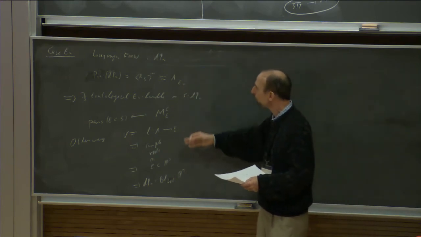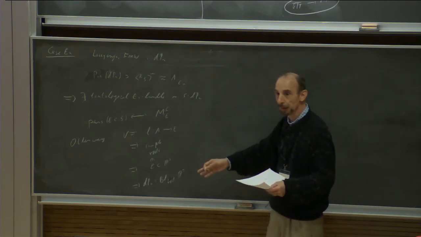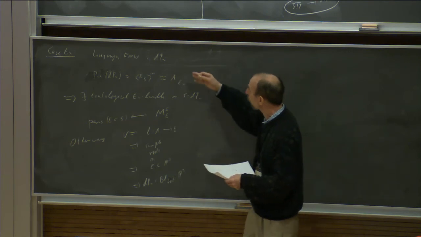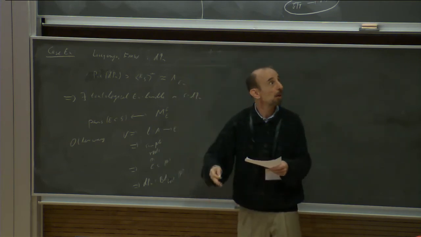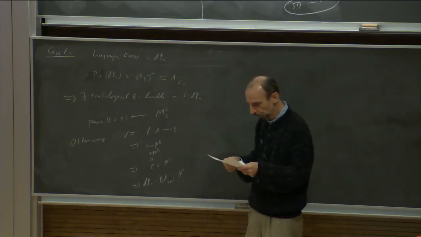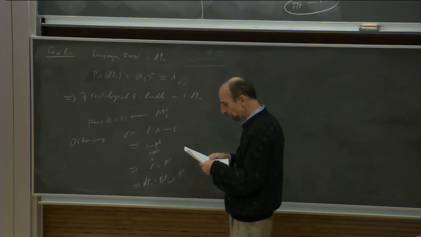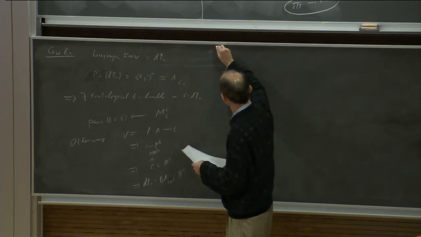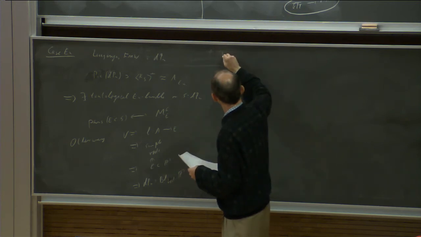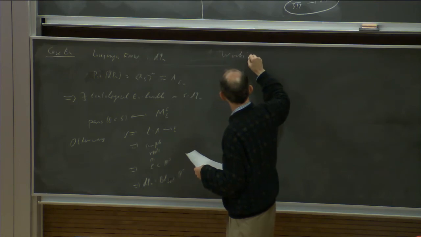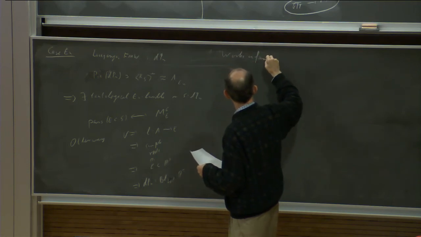And the point is that this description works in families. So if instead of a single elliptic curve you have a fibration by elliptic curves, it will all fit together. Thank you. Okay. So let's just say this works in families.